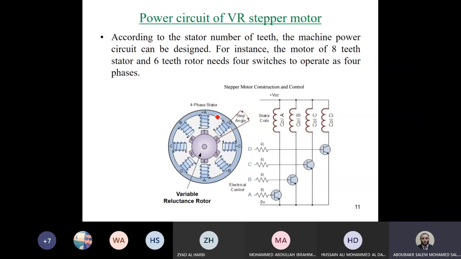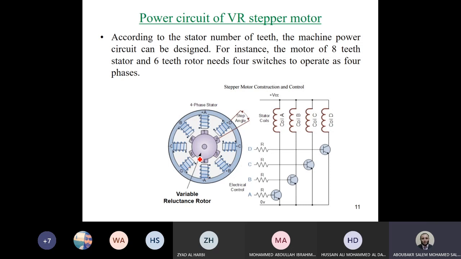For instance, here, if we have 8 stator teeth and we apply 4 coils, we can say this machine is 4-phase, because each 2 teeth will be wound with 1 coil in order to make 2 poles N and S.